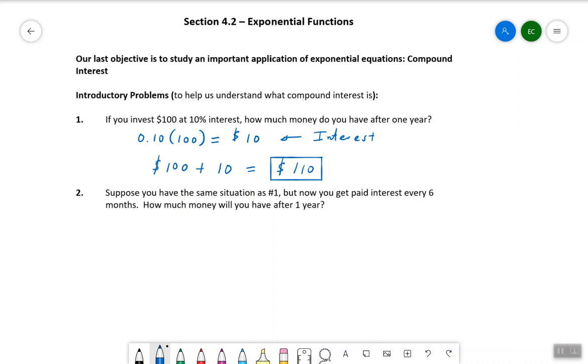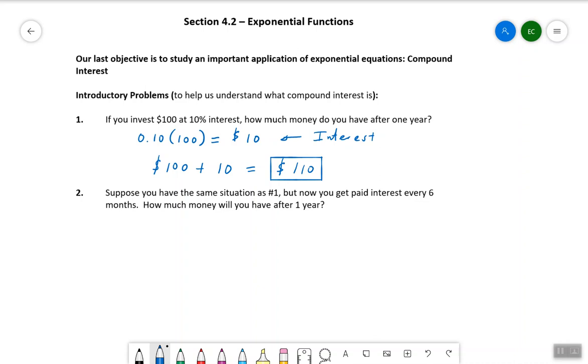Let's suppose you have the same situation here, $100 at 10% interest, and now you get paid interest every 6 months. So it's still a 10% interest rate. 10% is an annual interest rate, right? So that's how much interest you earn over a year, but you get paid that every 6 months. So that means you would get paid half of the 10%.